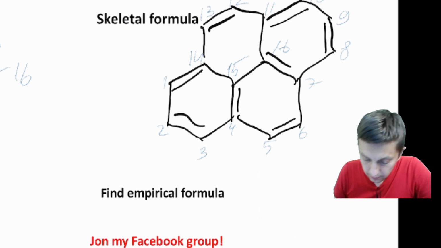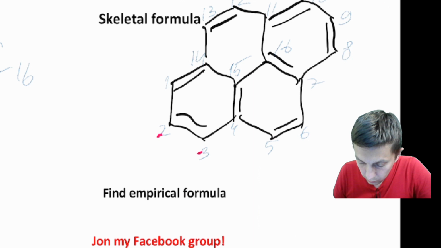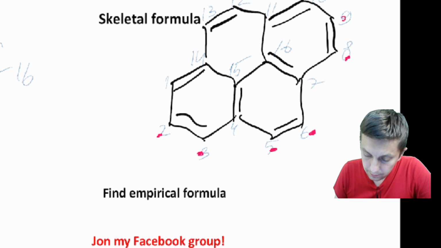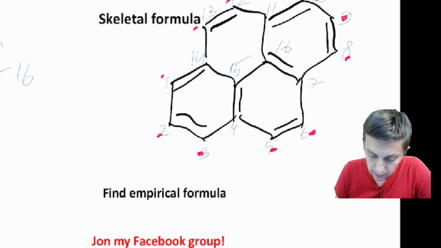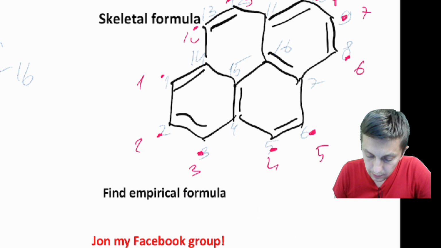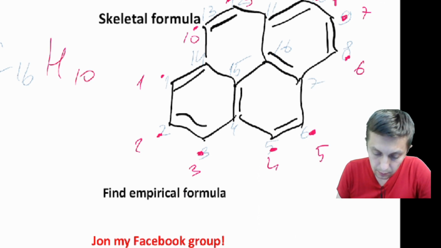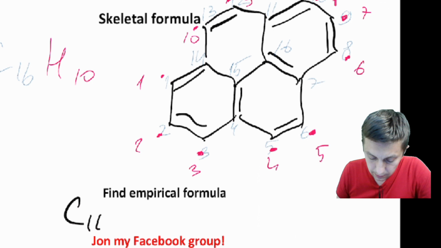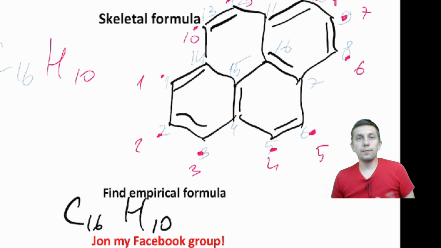And hydrogen: 1, 2, 3, 4, 5, 6, 7, 8, 9, 10. Surprisingly, 1, 2, 3, 4, 5, 6, 7, 8, 9, 10. Okay, H10. So the empirical formula is C16H10. If a molecule is symmetrical, there's no need to split it into parts.